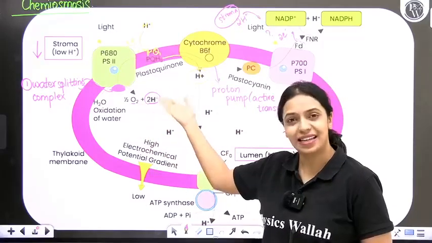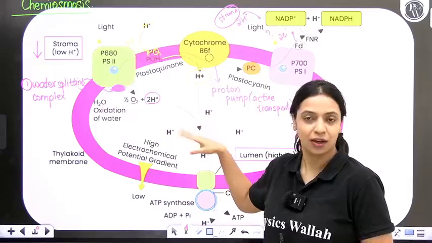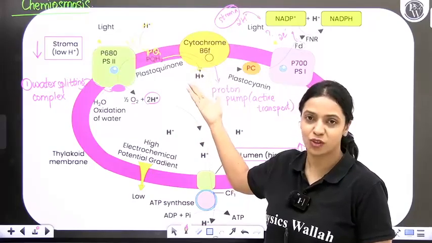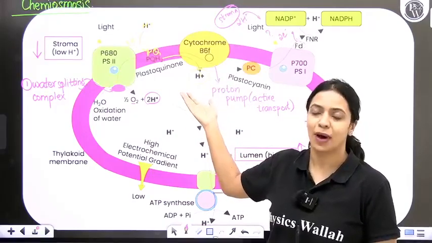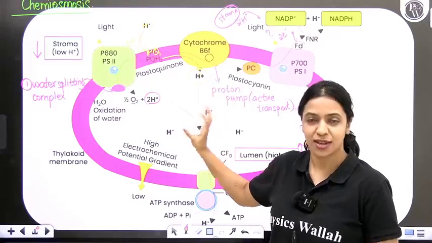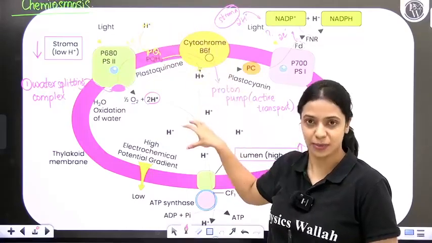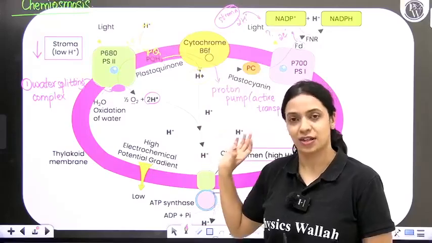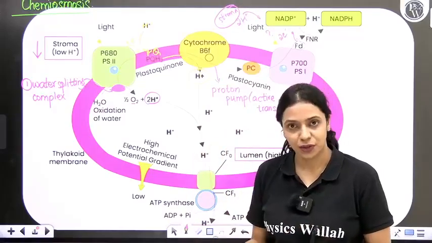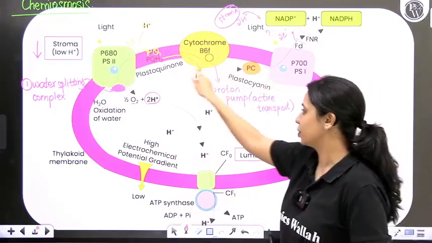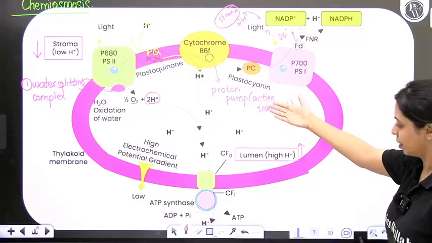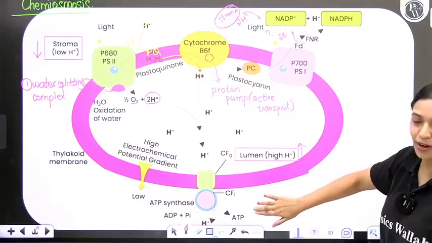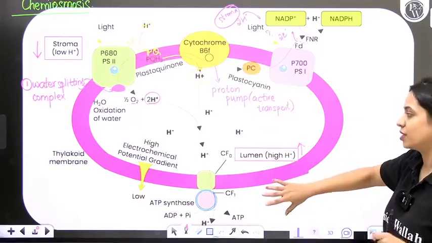This is increasing proton concentration in the lumen. What is the cytochrome B6F complex doing? It is acting like a proton pump. It is pumping protons from the stroma side into the lumen side against gravity, actively transporting protons. As a result of all this, the concentration of protons in the lumen is more compared to the concentration of protons in the stroma.